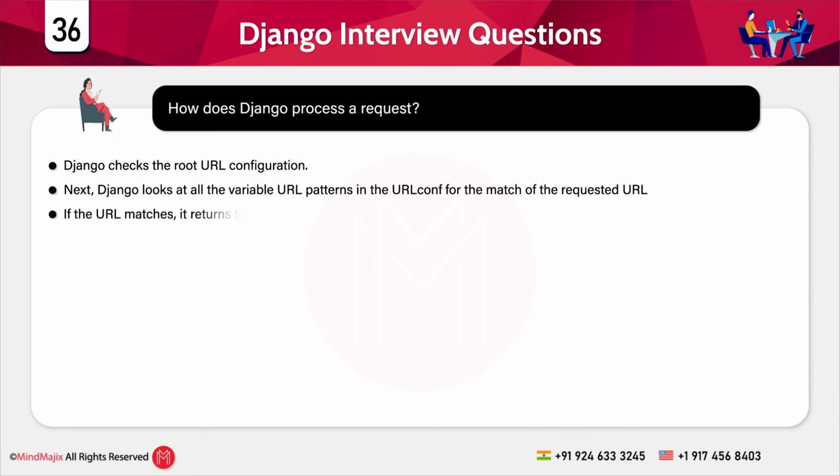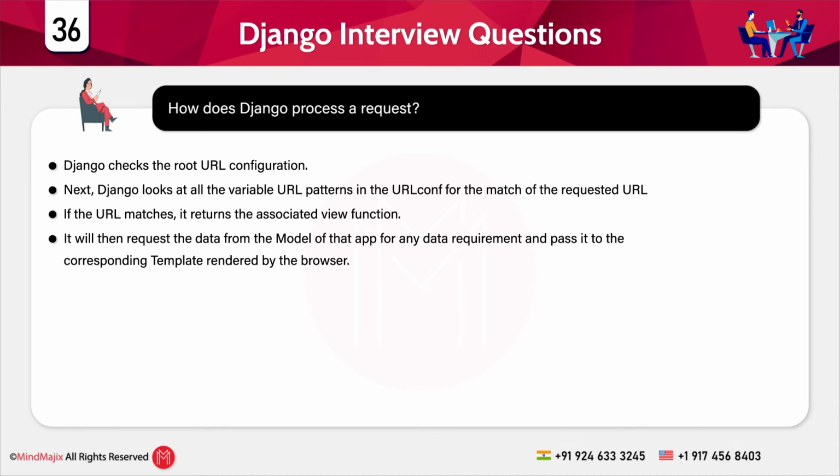After that, if the URL matches, it returns the associated view function. After that, it will then request the data from the model of that application for any data requirement and pass it to the corresponding template rendered by the browser. And finally, Django sends an error handling view if none of the URLs match the requested URL.